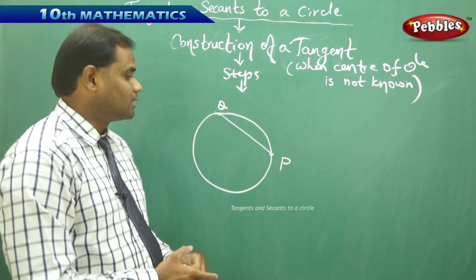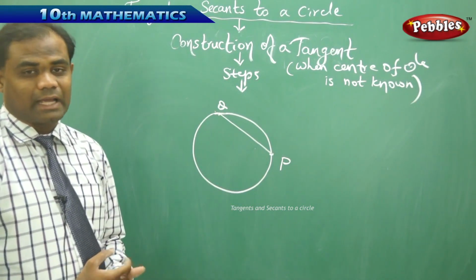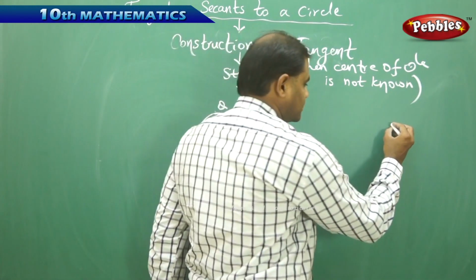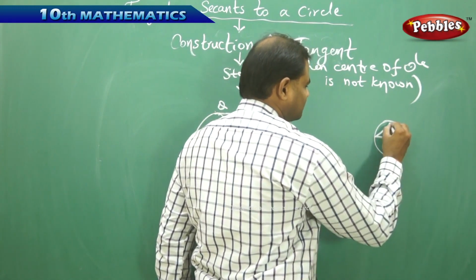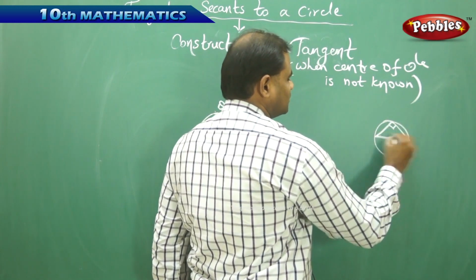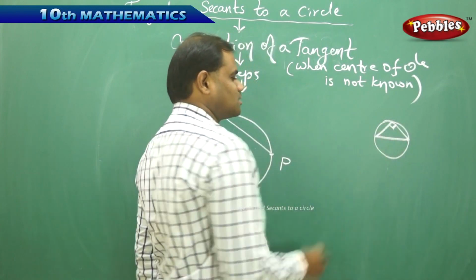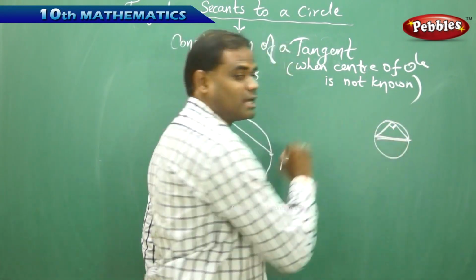How do I get the radius from this circle? Since we know that angle in a semicircle is 90 degrees, that is, when I take a circle and divide it exactly half, then any angle made by the semicircle will be 90 degrees. Using the concept of angle in a semicircle is 90 degrees, this becomes the diameter.